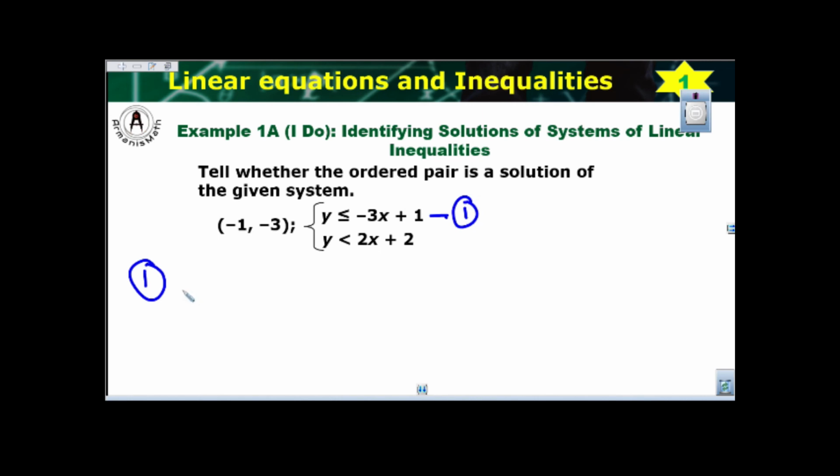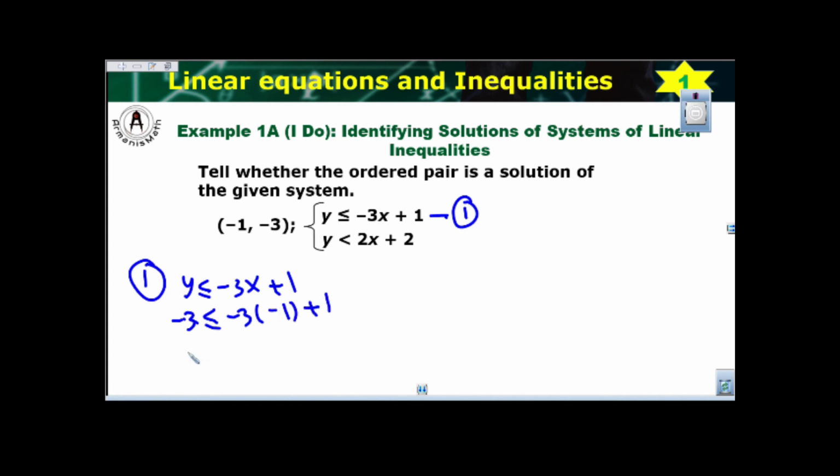I'm going to say this is y is less than or equal to -3x plus 1. And by the way, when you test this, you usually just focus on the inequality sign, but we'll take a look in a second. So I have -3 less than or equal to -3 times -1 plus 1.